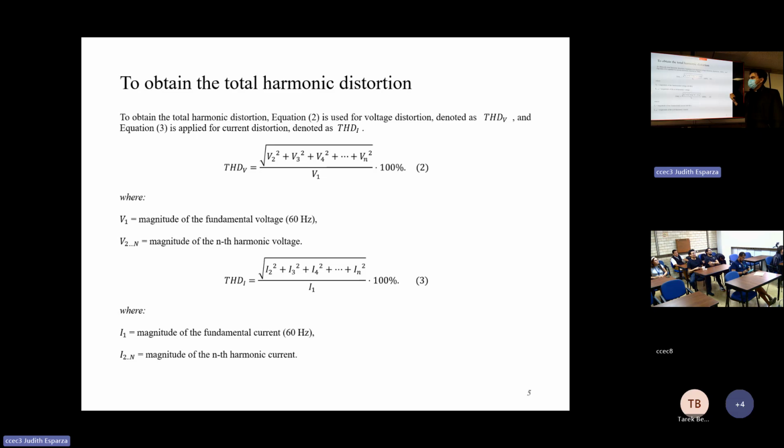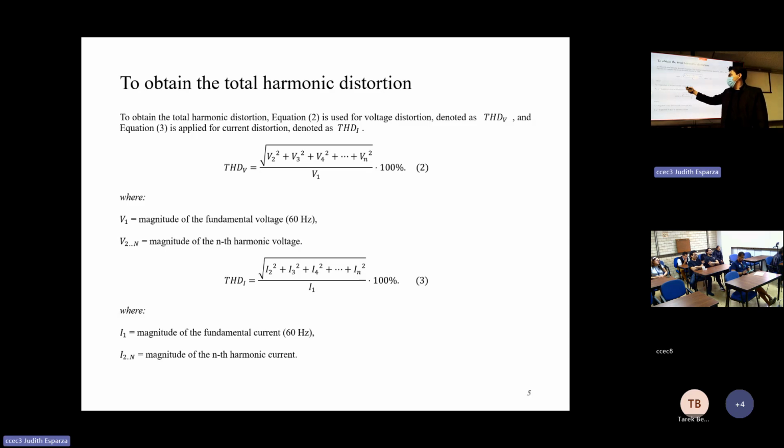The distortion measurement is this one. For example, V1 is the magnitude of the fundamental, 60 Hz.